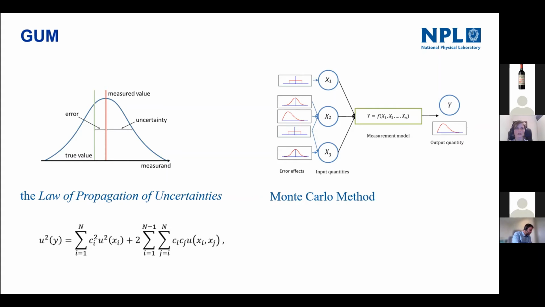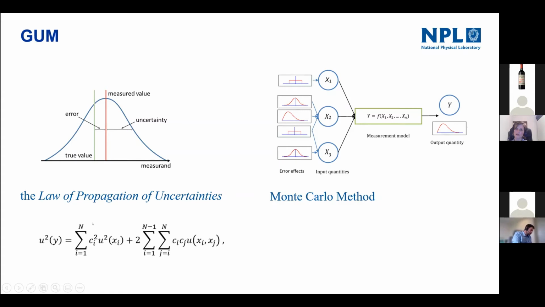So this is the basic analytical method to calculate uncertainties, but over time, and especially for remote sensing and Earth observation applications, this can be very complicated to calculate analytically. So we tend to use the Monte Carlo method more and more, which uses a statistical approach, where we define our measurement function as a number of inputs, and each input we define by its value and the probability distribution of each input.